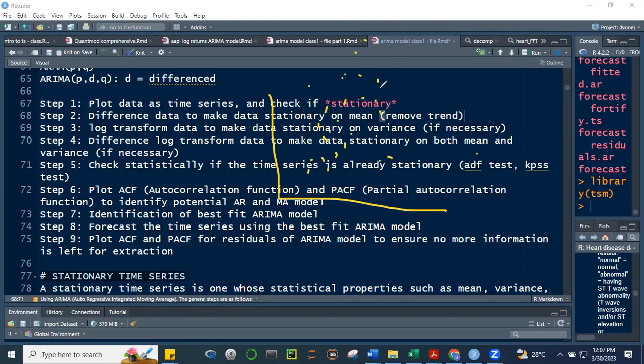The value is going up. So it has a trend. Yung mean niya over time, hindi siya pare-pareho. Kasi nag-i-increase yung range niya ng data.